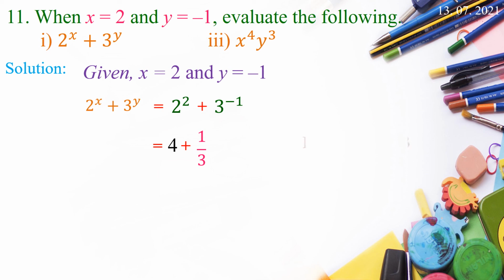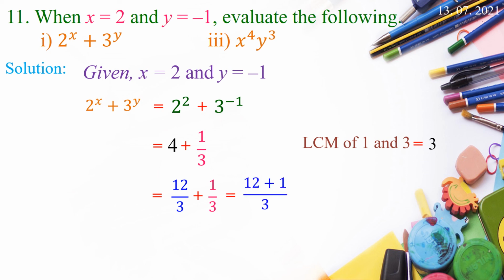Before that, we have to find the LCM for the denominators. So LCM of 1 and 3 is equal to 3. Now we have to convert to like fractions using LCM 3. So it becomes 12 by 3 plus 1 by 3.